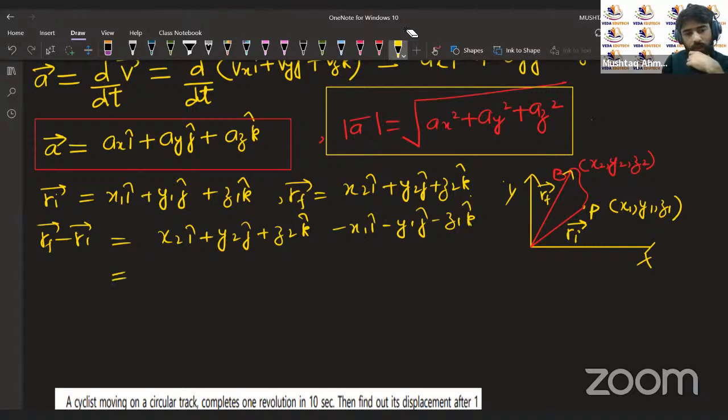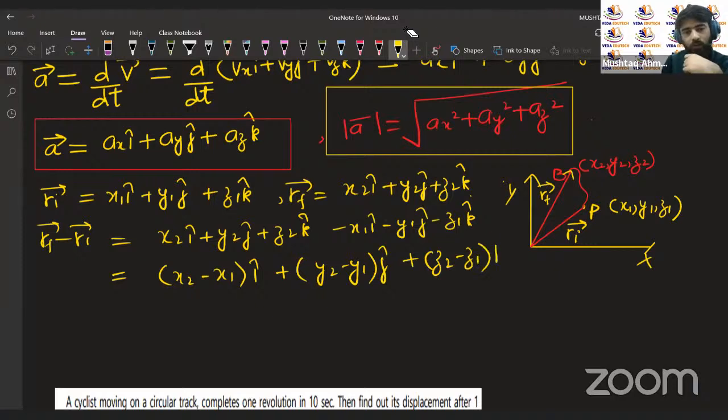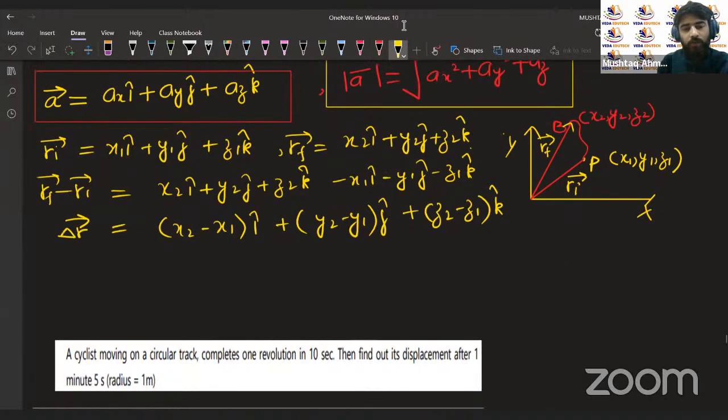So it will be x2 minus x1 i cap plus y2 minus y1 j cap, and finally z2 minus z1 k cap. So this is our delta r vector, or displacement vector.